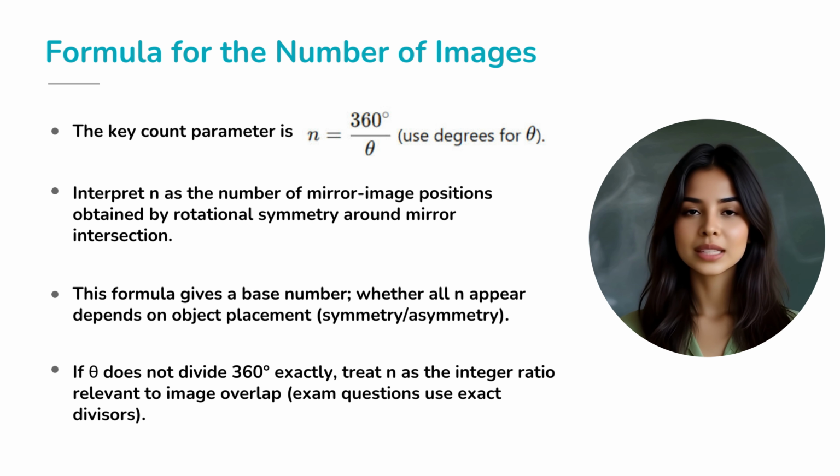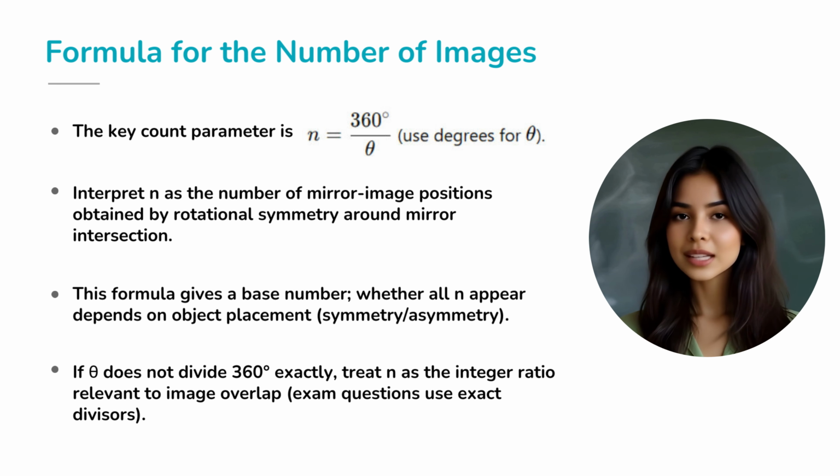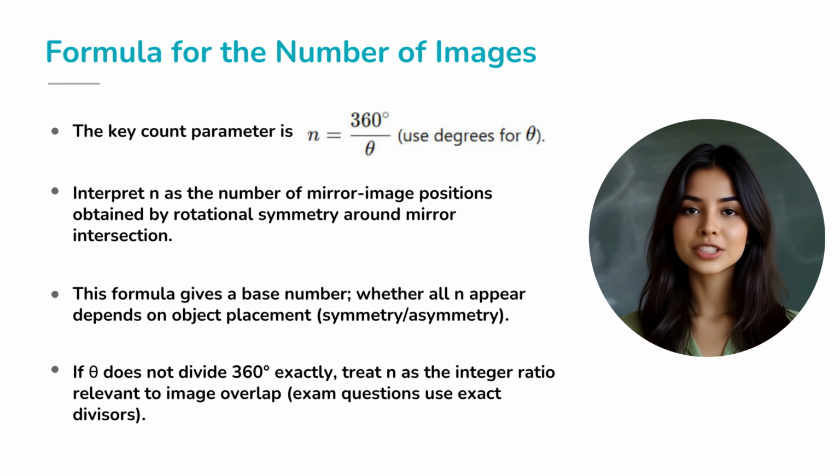This works because each reflection effectively rotates the object around the mirror intersection by an angle theta. To make a complete circle of 360 degrees, the number of possible reflections is 360 divided by theta. The smaller the angle, the bigger the crowd of images. So, yes, narrow mirrors make you an instant celebrity with more reflections than you bargained for.